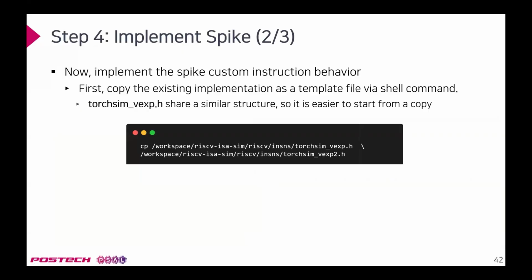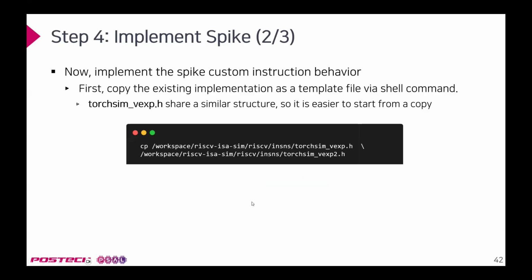Okay, after that, move on to next slide. And now we need to implement the Spike custom instruction behavior. To do this, instead of starting from scratch, we'll use an existing file as a template. So first, we simply copy torch.vexponent2.h to a new file called torchsim vexponent2.h using this share command.